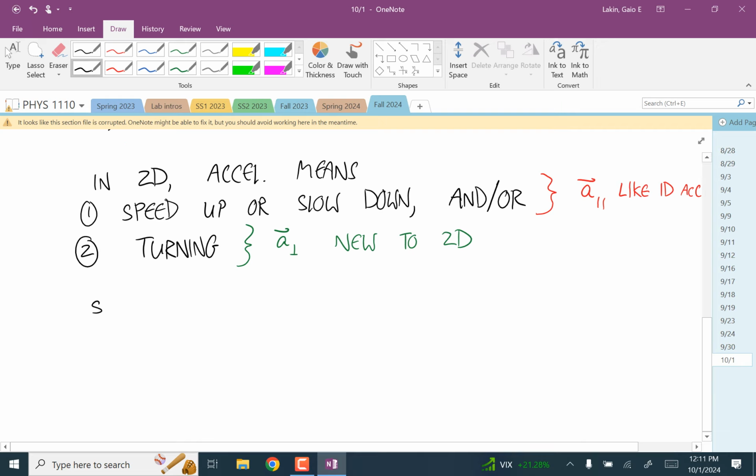And so here are a set of steps for visualizing acceleration in 2D.